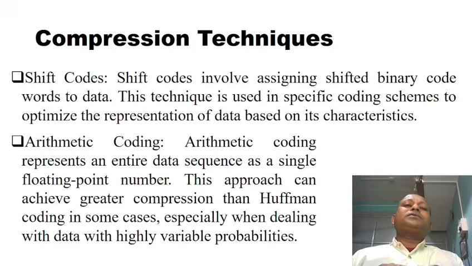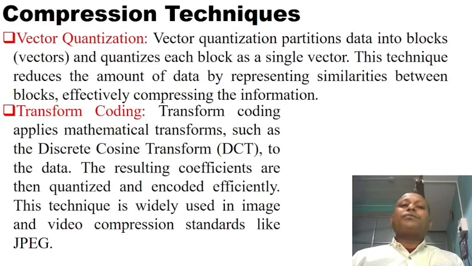Now, the next concept is arithmetic coding. Arithmetic coding represents an entire data sequence as a single floating point number. This approach can achieve greater compression than Huffman coding in some cases, especially when dealing with data with highly variable probabilities.